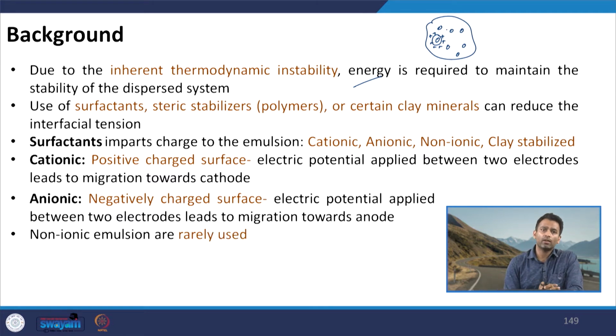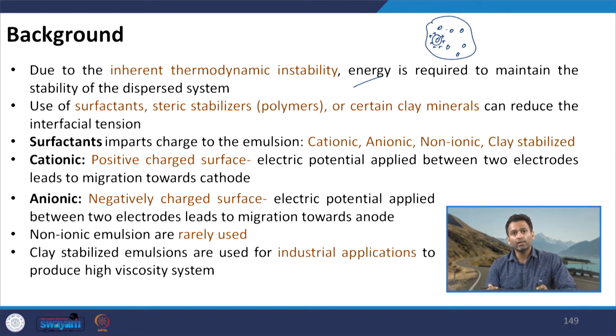In non-ionic emulsion, of course, the particles will not migrate because there is no overall charge in the system, and these type of emulsions are rarely used. So, we are not going to discuss about them. On the other hand, clay stabilized emulsion, as I told, various types of stabilizers can be used, and if you are using for example bentonite or very fine clay particles, they can also stabilize the emulsion.